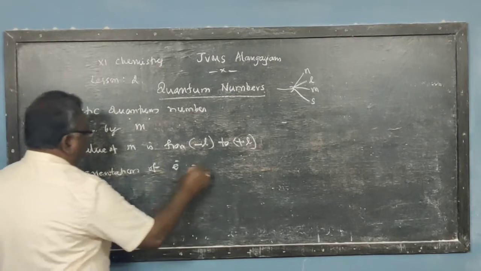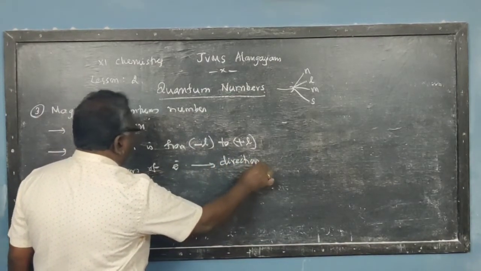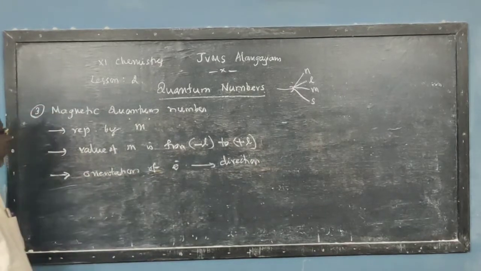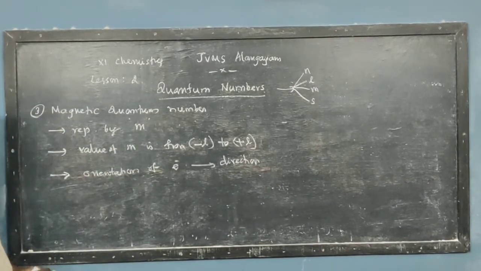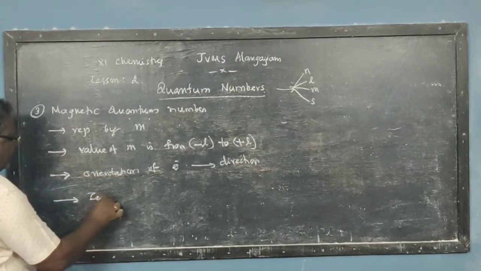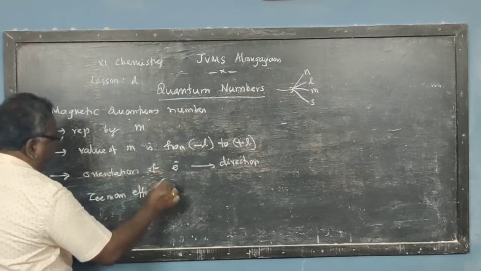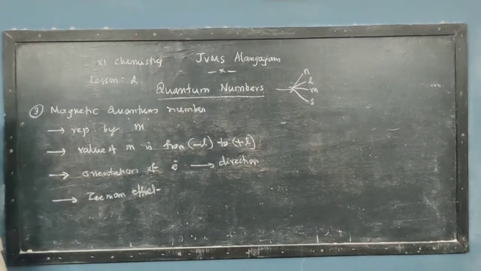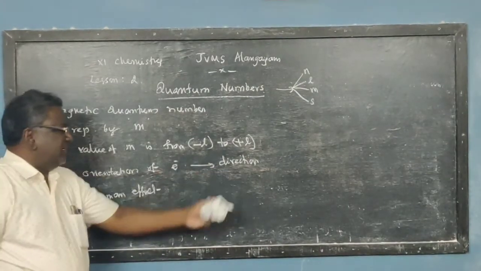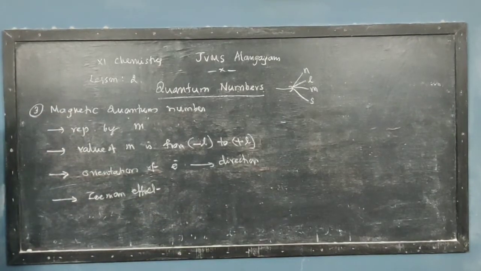So when we say orientation, it indicates the direction of the movement of the electron, right? And this mostly gives the explanation for the Zeeman effect. The splitting of the spectral line is due to the movement of electrons in different directions in the presence of the magnetic field, right?